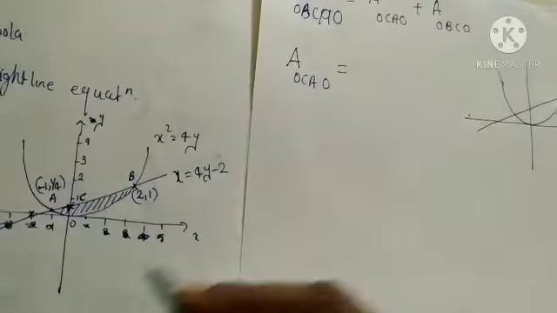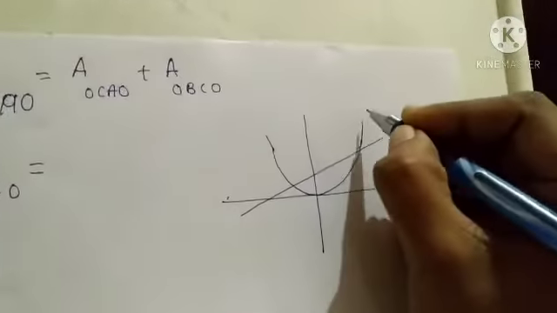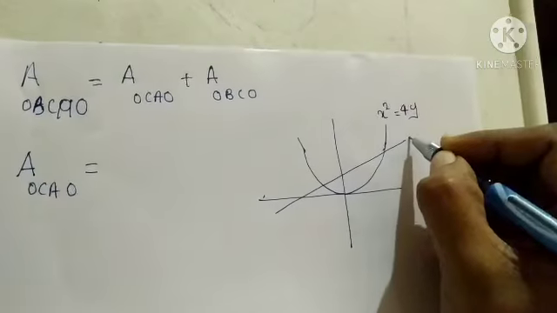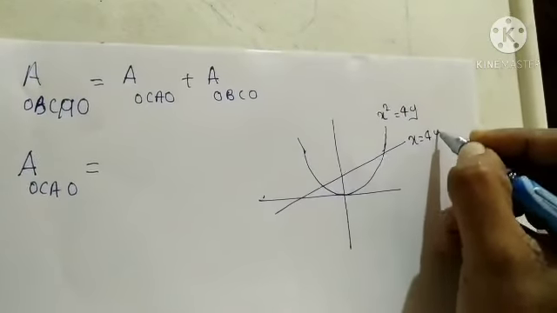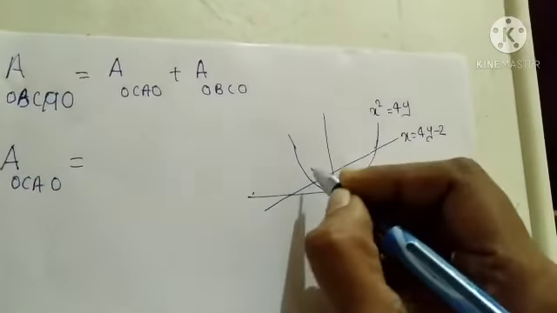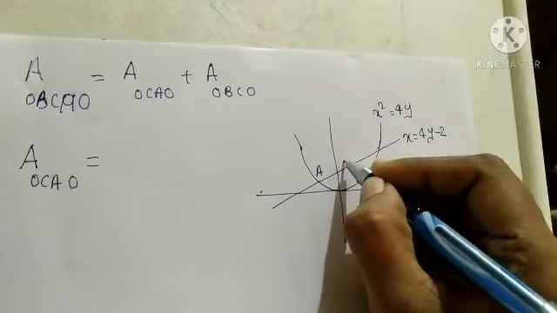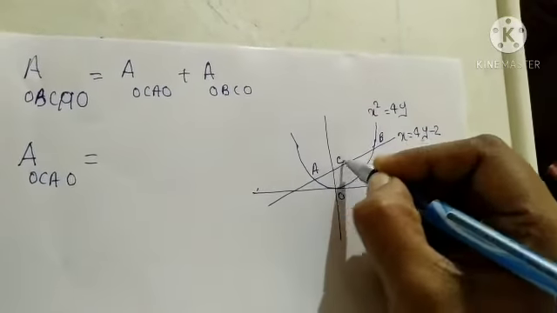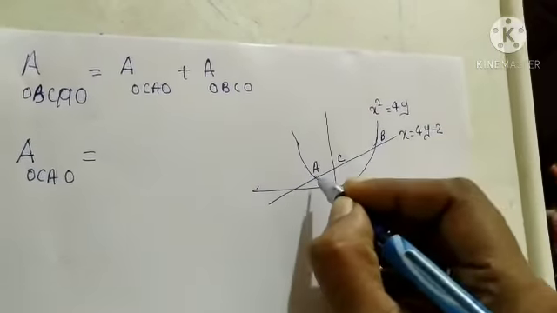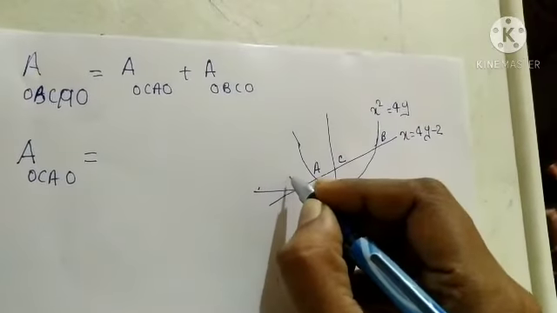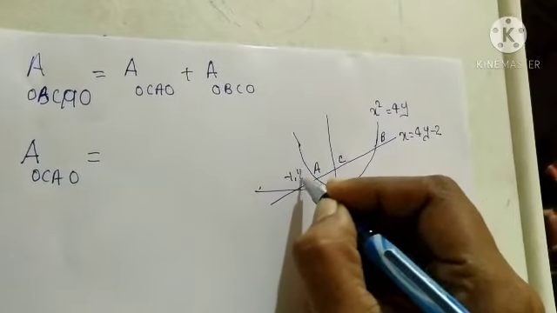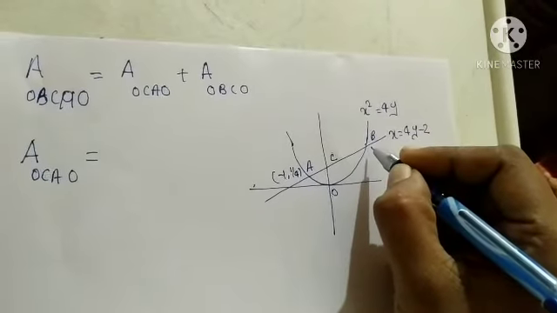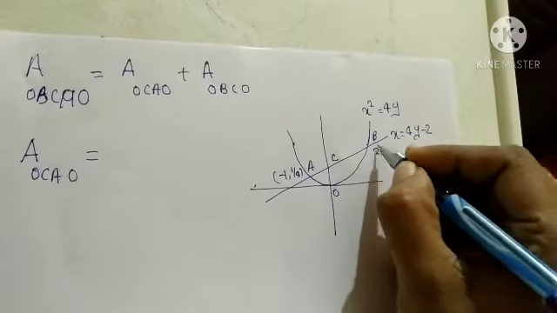So this is our x square equal to 4y, and this is our x equal to 4y minus 2 straight line, and this is A, this is O, this point is B, and this point is C, and we get A point as minus 1 comma 1 by 4, and B point as 2 comma 1.